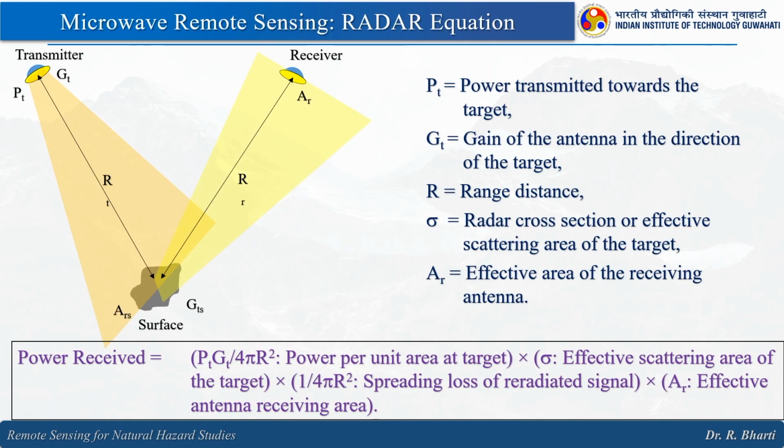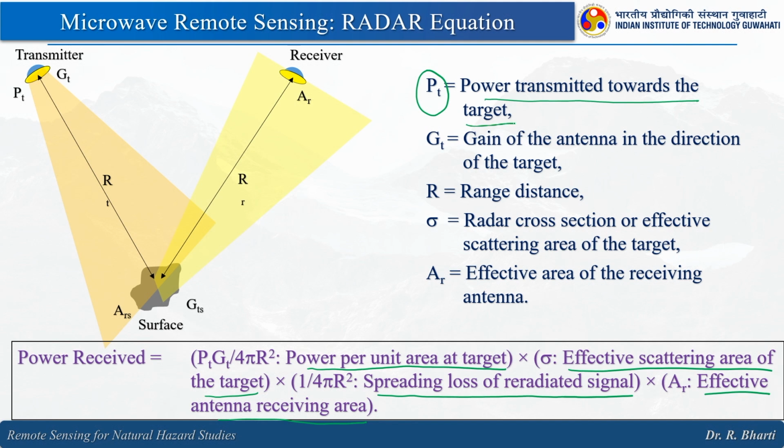Now, we will talk about the radar equation. Here the power received can be calculated using power per unit area at target, effective scattering area of the target, spreading loss of re-radiated signal and effective antenna receiving area. PT is power transmitted towards the target, GT is gain of the antenna in the direction of the target.